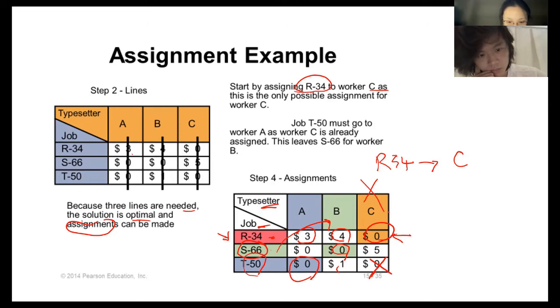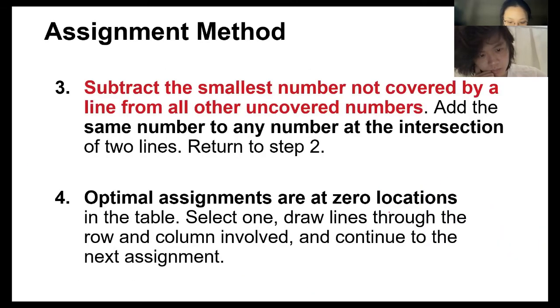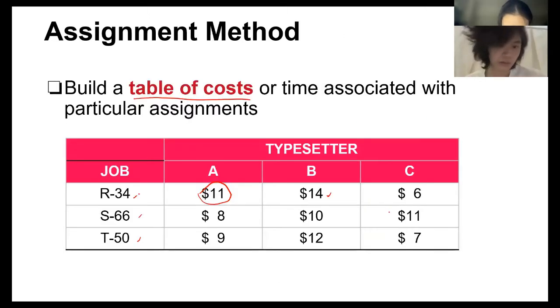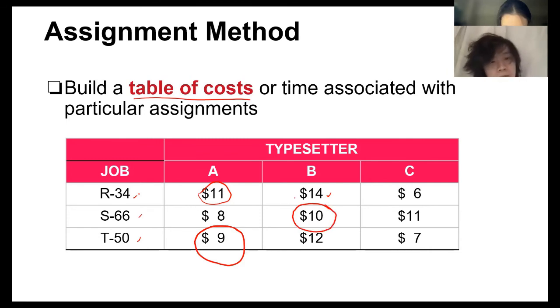Remember, the initial cost was this table. So what we have done is we have assigned T50 to A, S66 to B, and R34 to C.